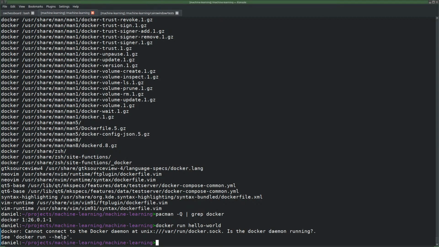Maybe my Docker daemon is not running. That could be. Why would I have to run it as sudo? That doesn't seem to make much sense, does it? Why user?